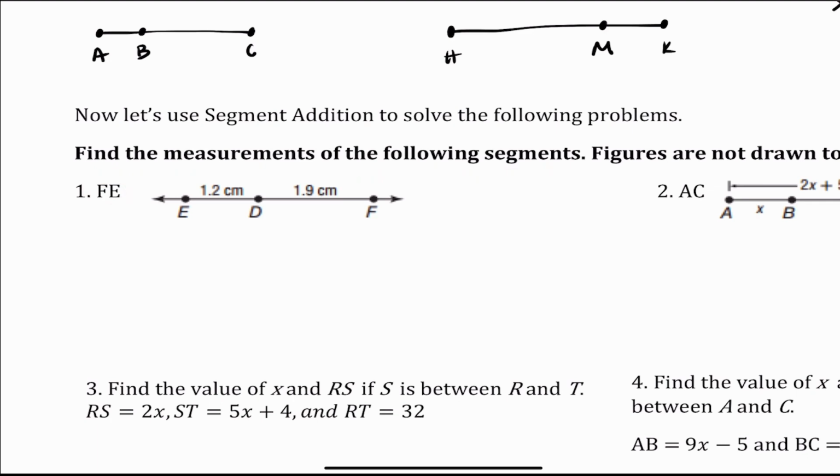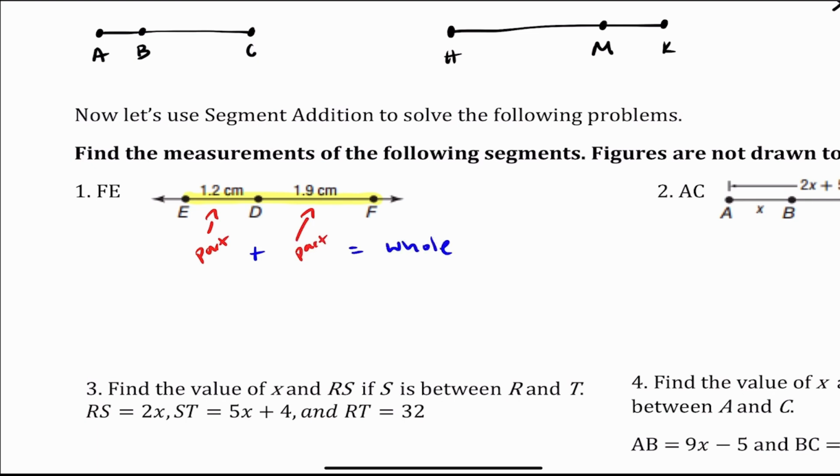We are in the territory of algebra, okay? So, let's figure out what FE is. FE is this segment here. I can see my part, and I can see my other part here. And remember, part plus part equals whole.